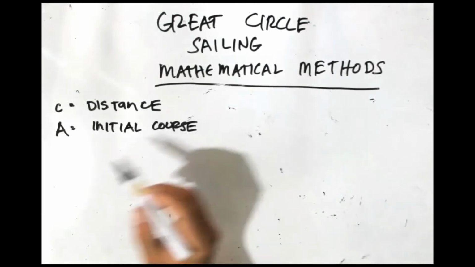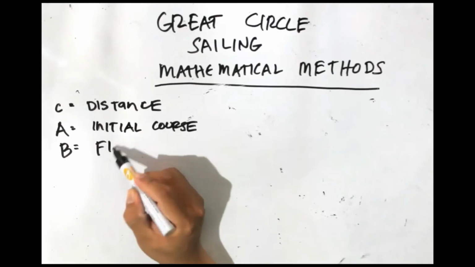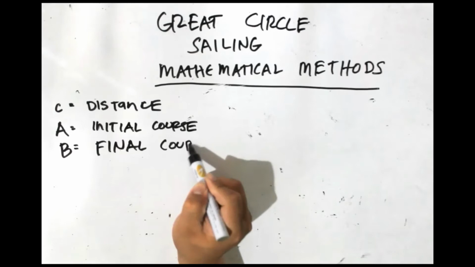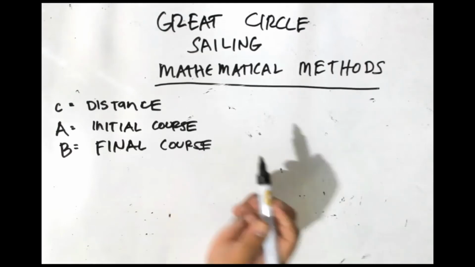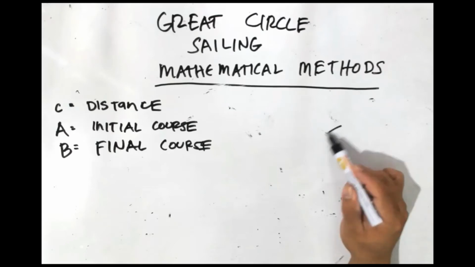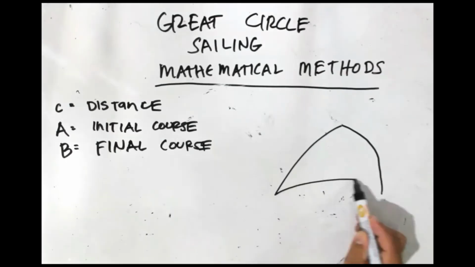And your capital B will be your final course. Okay, from the triangle. Kasi ganito yung magiging itsura niyan. Okay, ito yung triangle. Okay, kaganyan yan.